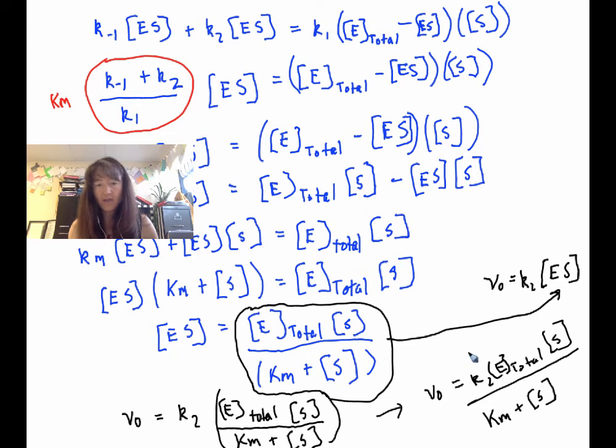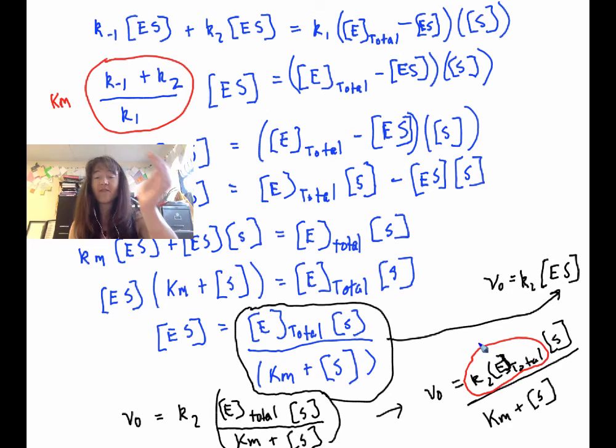If you look at this, and my writing is a little messy right there, but recognize that we actually have seen this at saturation conditions. We know that that is the expression for initial velocity, and that specifically when we are at high substrate concentrations, recall that this is how we expressed Vmax.